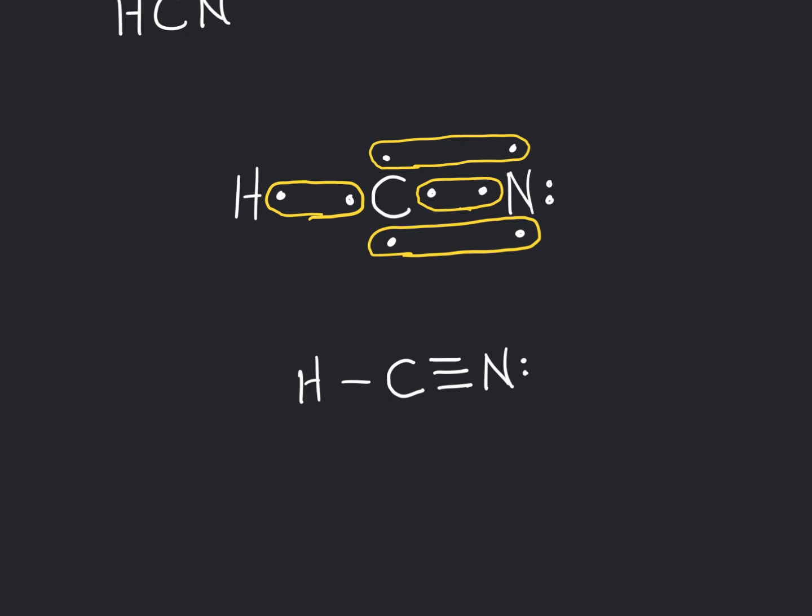In other words, 2 is an octet for hydrogen. Another thing to think about, remember what I said about carbon usually having 4 bonding sites. Well, it does. It's always going to be for this class. Notice how I have 4 bonds here. That's 1, 2, 3, 4. Carbon always has 4 bonding sites around its atom.